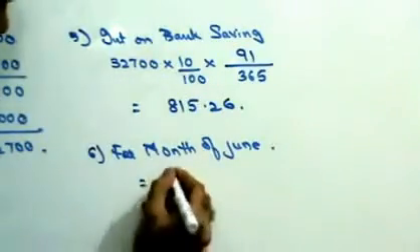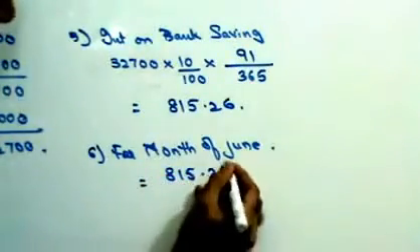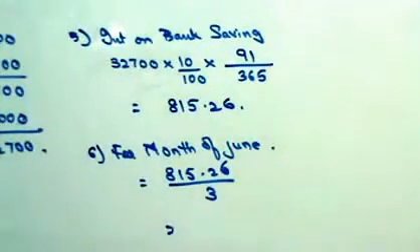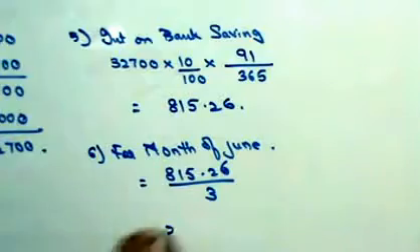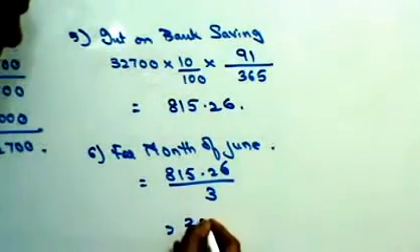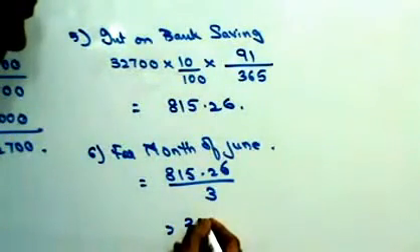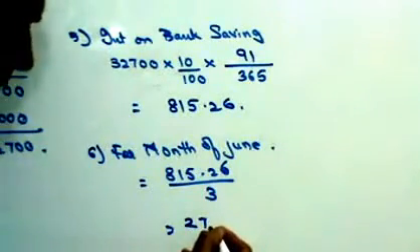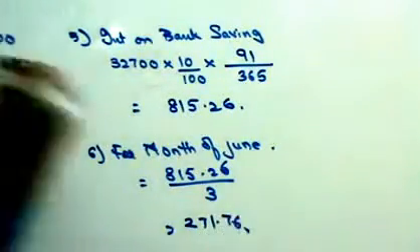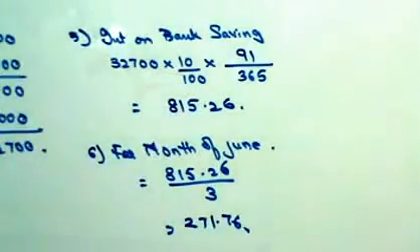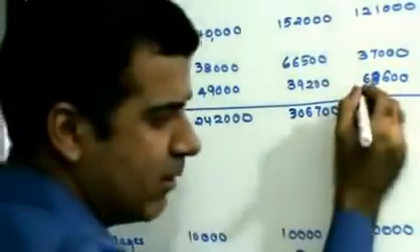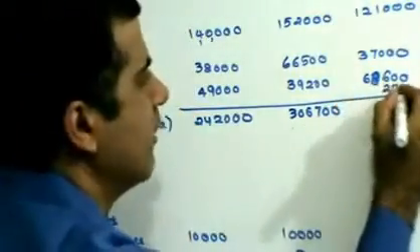This is for 3 months, so 815.26 divided by 3. Someone please tell me how much is that? 271.76. So for the month of June, the interest I should receive, that will come in my receipt side. Interest received. We will leave the decimal out, so we'll make that 272.